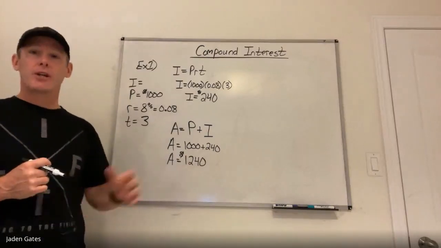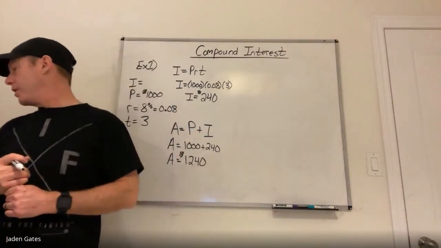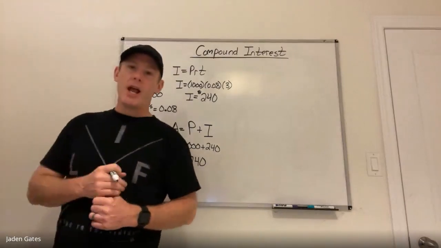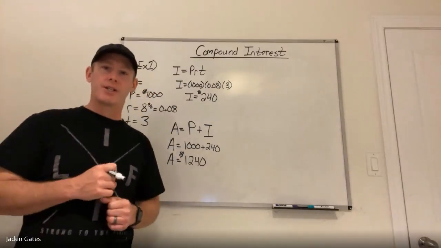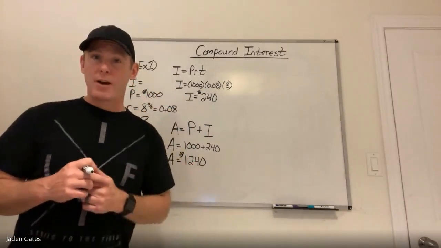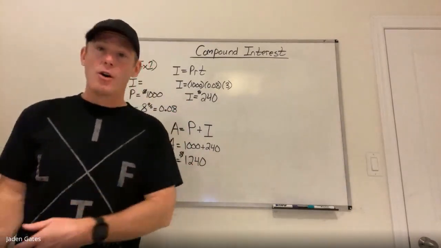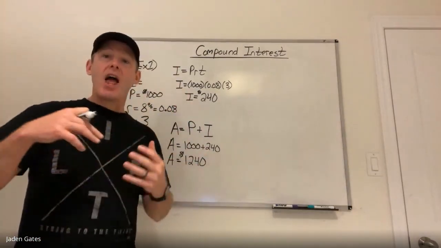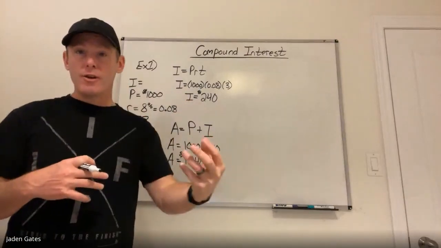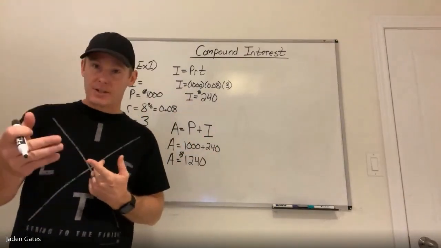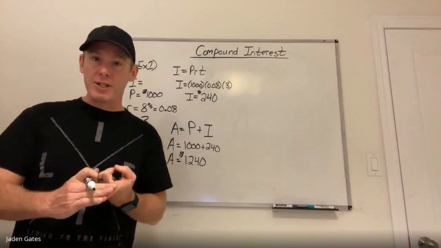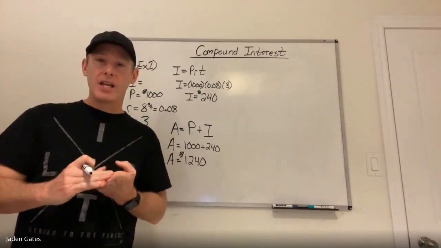Now, here's what we're getting into. That's simple interest, and now we're dealing with compound interest. The difference with compound interest is that after a certain amount of time, say a year, the interest is added, and then the next year, if you're investing, you make money on your principal, but you also make money on your interest.